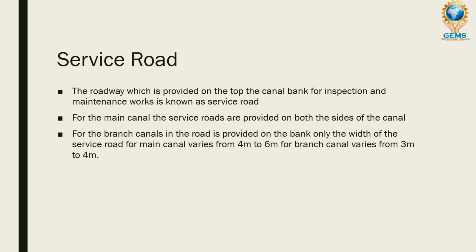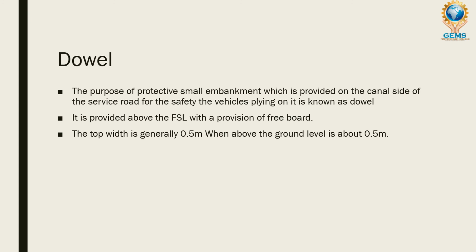Okay, fine. Now we are going to look into the dowel. The dowel is a portion which is present on the top left side of the canal bank. When you analyze the diagram given on the third slide, you can see where the dowel is provided. It is provided to protect the small embankment on the canal side of the service road.